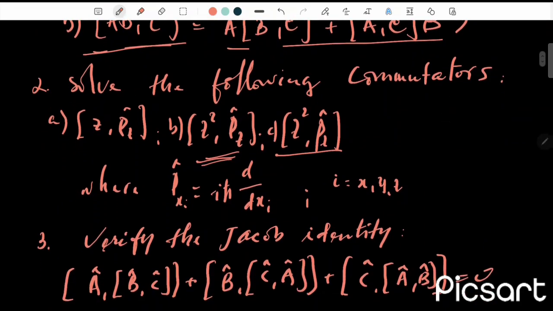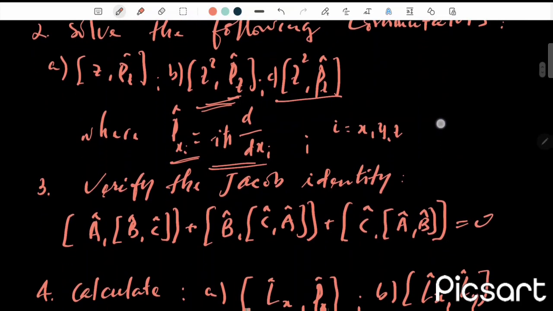Here P is the momentum operator, and we define the momentum operator with this expression.